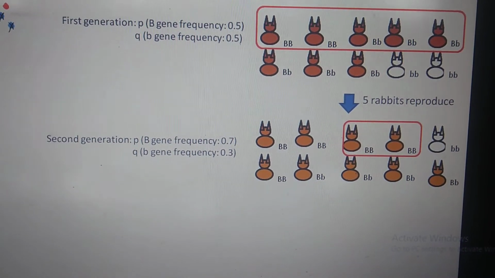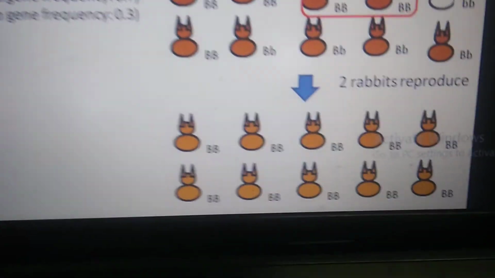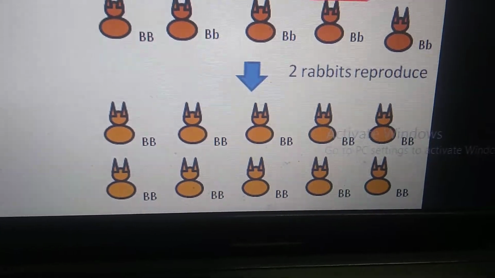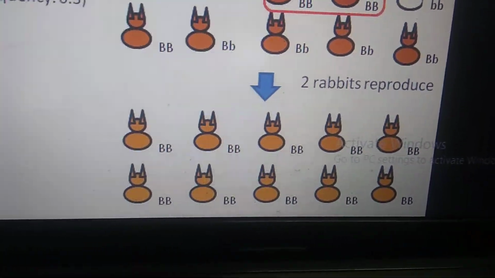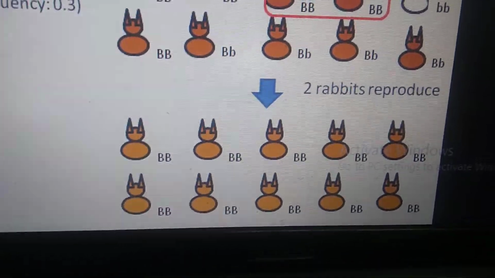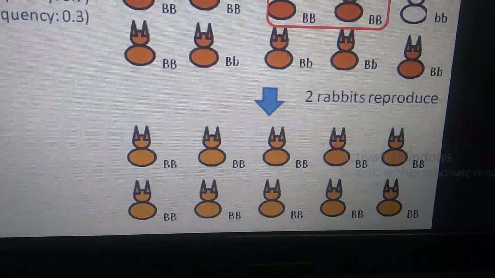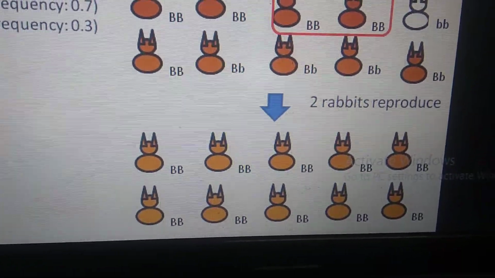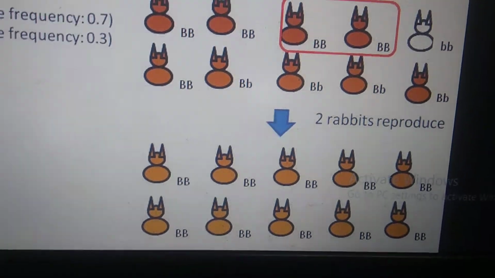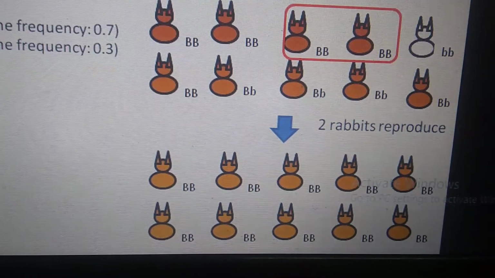In the third generation, see, all of them were brown. There is no white rabbit, and the genetic makeup is all capital B, capital B. All of them are homozygous dominant.